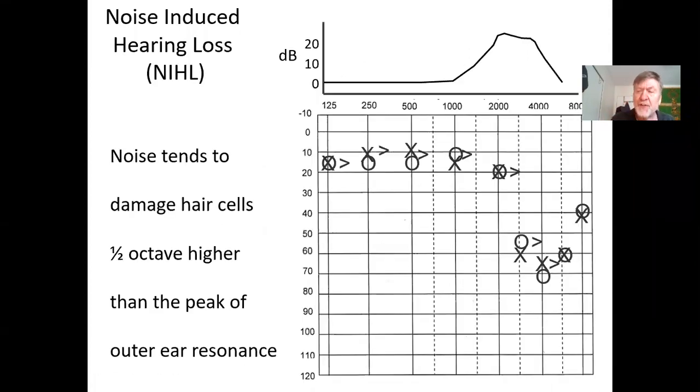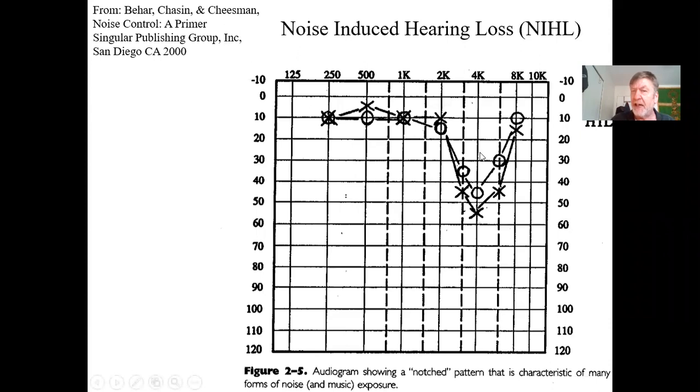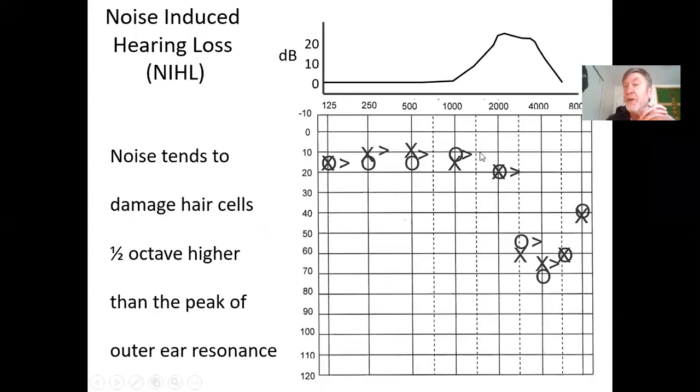And why is it that it has a bite out like that? The reason why? The outer ear canal resonance. You're getting that extra 20 decibels. And what does it say on the left? Noise tends to damage hair cells about 1/2 an octave higher than the peak of the outer ear canal resonance.